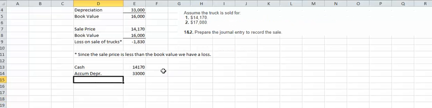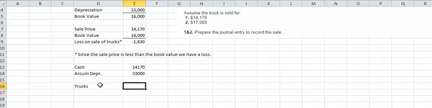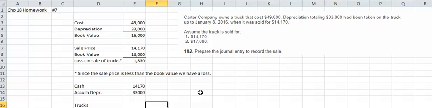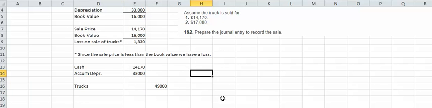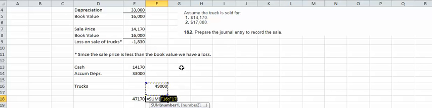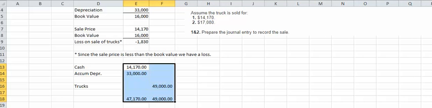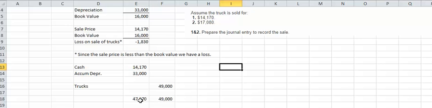Then we know that we have the truck, and to take the truck off, a truck is an asset which normally has a debit balance. That is going to be the original cost, which is 49,000. So if we add up the debits and add up all the credits, there's a difference here.